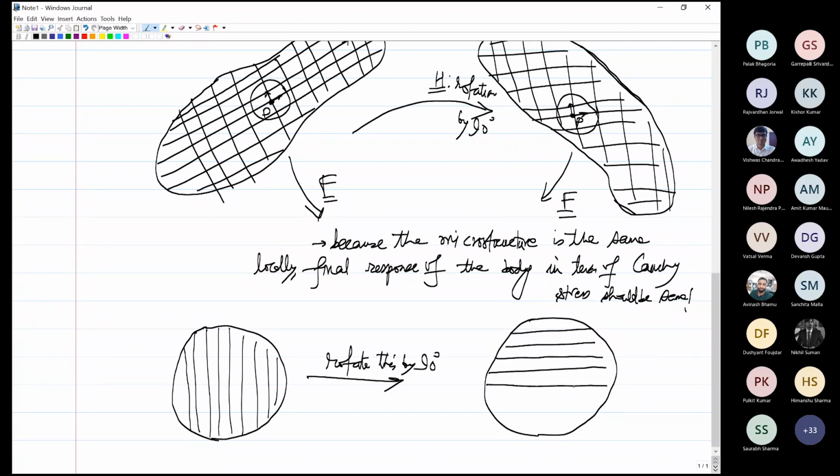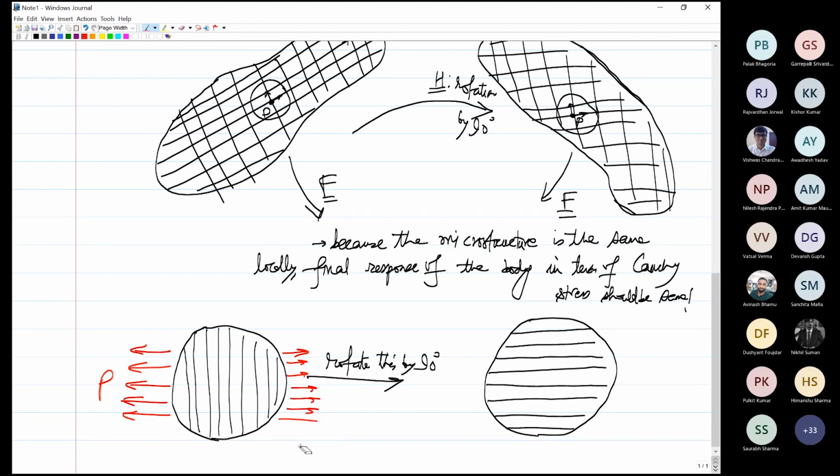It will occupy the same region, but the fibers in it get oriented differently, okay? Now suppose I do the deformation which corresponds to uniaxial loading, okay? In both the cases, let me apply the same kind of force P, uniaxial loading.